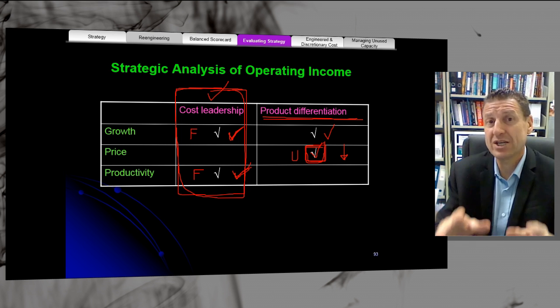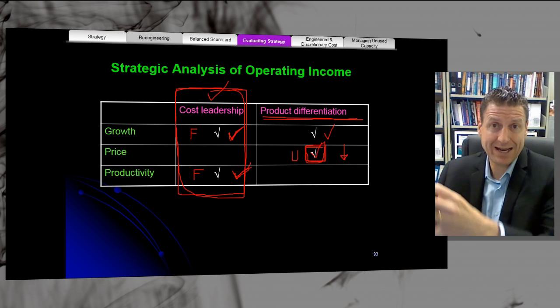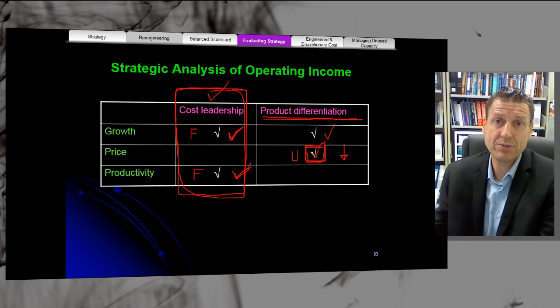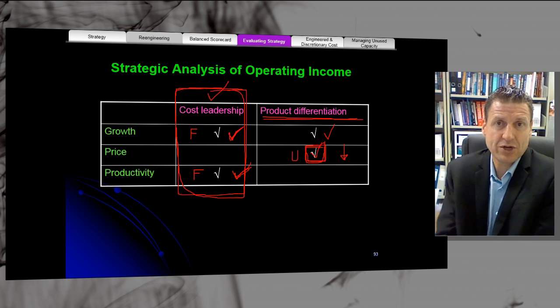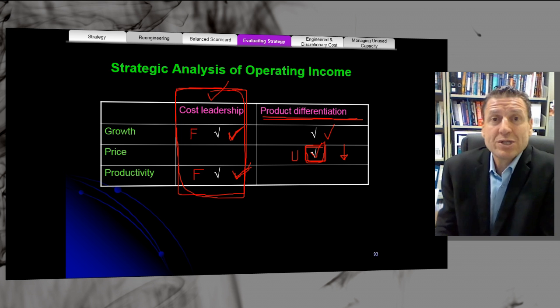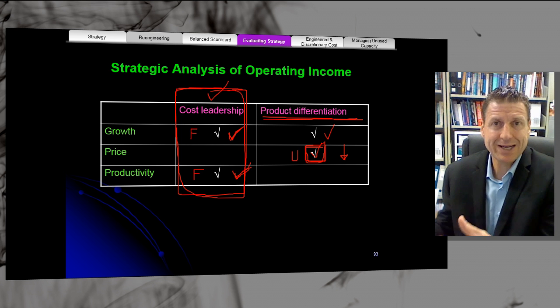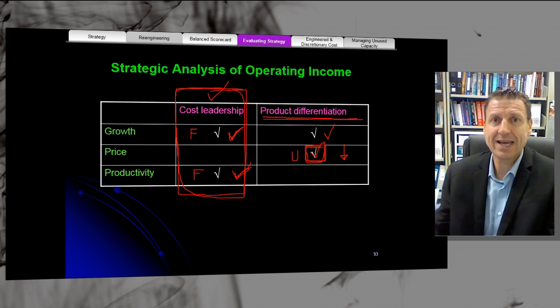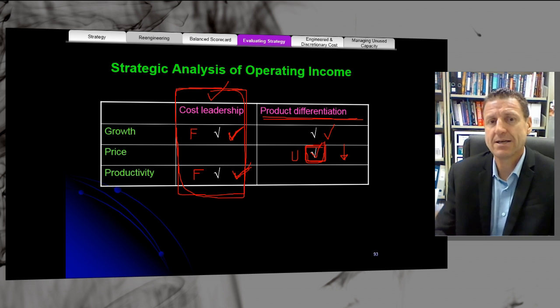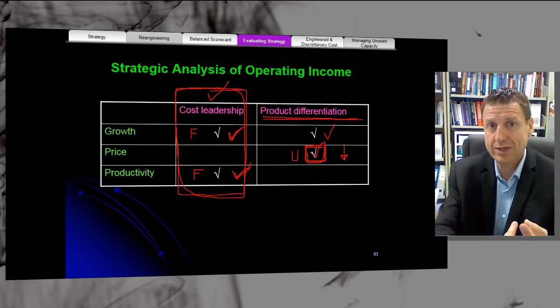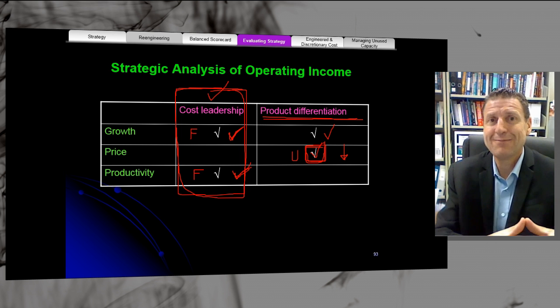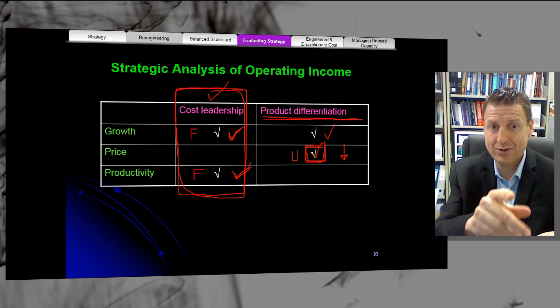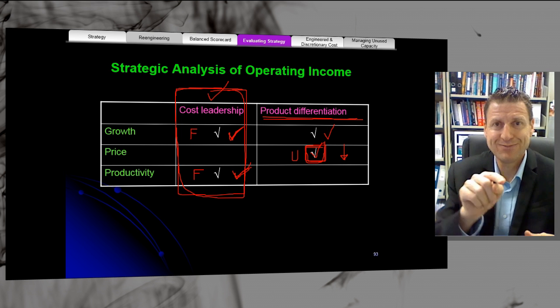So when you want to make change as a manager and you want to put in initiatives, more training, a new machine, or stronger customer engagement, and you want resources for this from senior management, you want to get their attention to invest more in these areas. Then you need to translate these initiatives into how they are going to affect the growth component, the price recovery component, or the productivity component of the financials, because senior management are going to be looking for how it affects the bottom line.